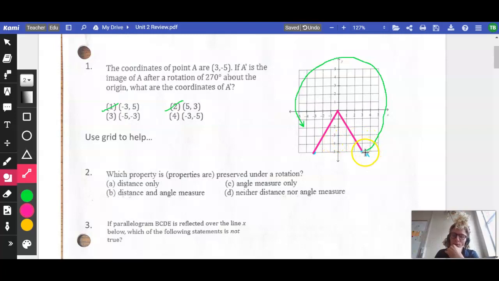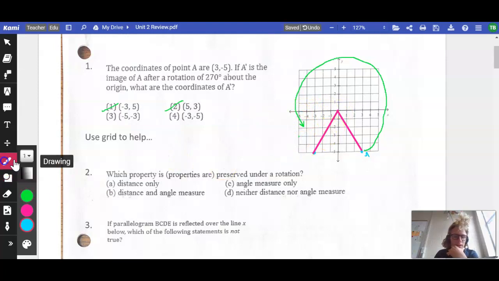And I know that a full circle minus 90 degrees would be 270 degrees. So I'm not completely sure, but I'm pretty sure that that's not the correct answer. Now, let's try the other one. -5, -3 would be right there. Okay, let me put that in green.